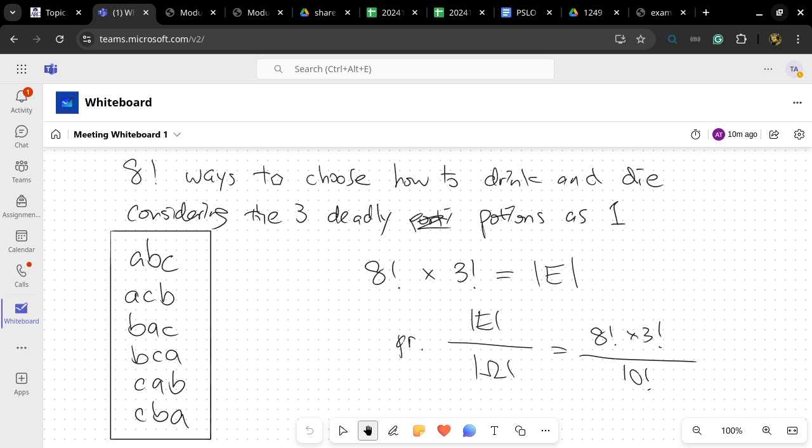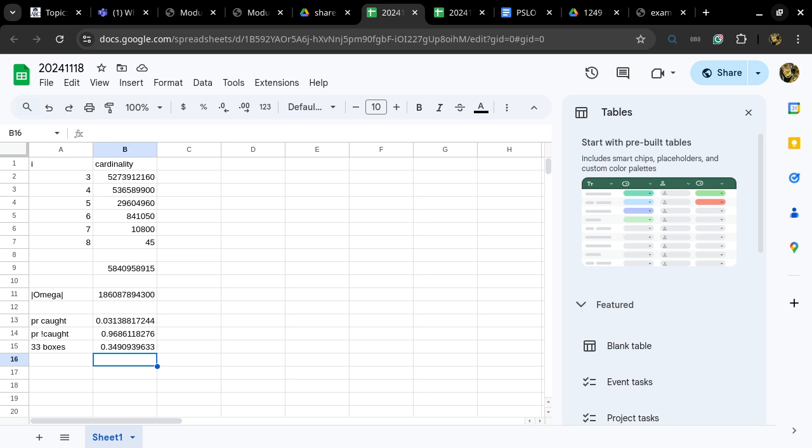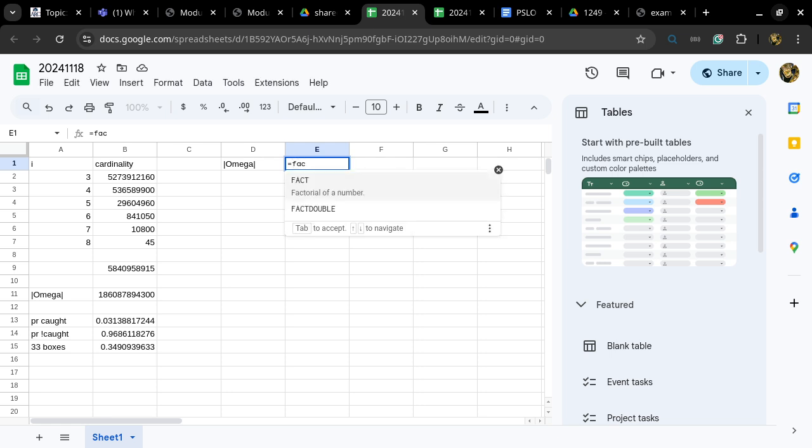So does anyone want to look at the actual number? How likely is somebody to die in this particular room with 10 potions? Let's check it out. So we have the cardinality of omega. The way you can do this is you can use factorial, which is FACT.